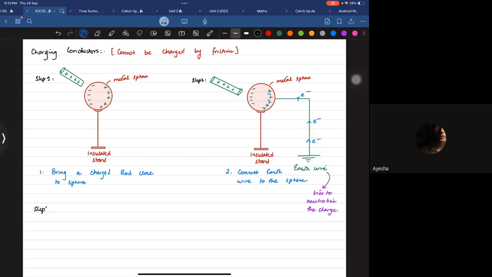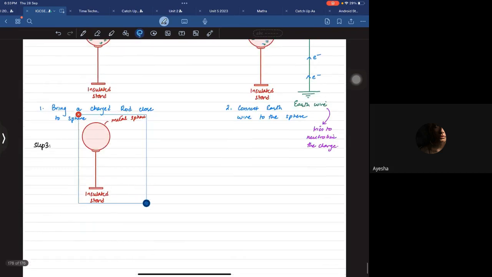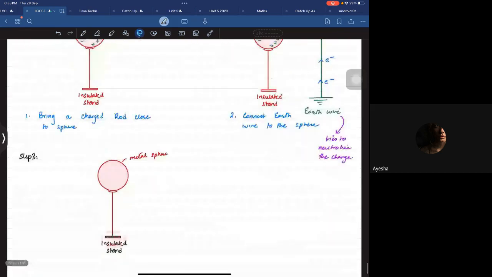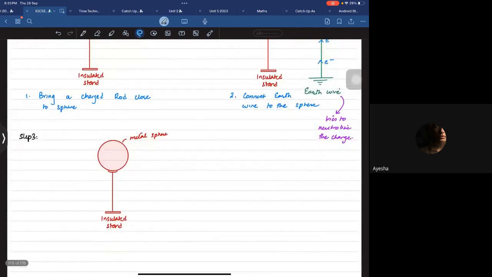So in step 3, what we do is, in the next step, we keep the rod at the same place. We don't move it.